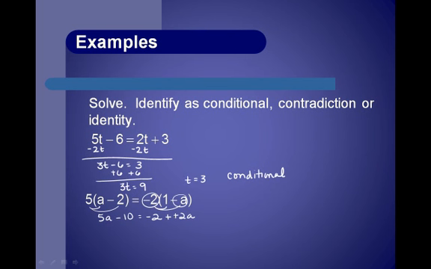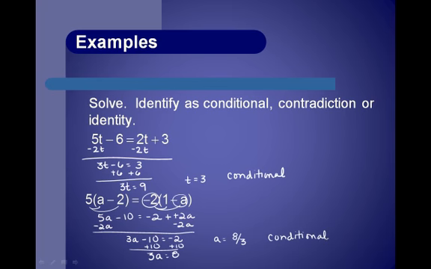We need to get the variables on one side, so we'll subtract 2a from both sides. Then we bring the numbers to the other side, which would give us 3a is equal to 8. Divide both sides by 3, and we would get 8 over 3. Again, conditional equation because there was a solution.